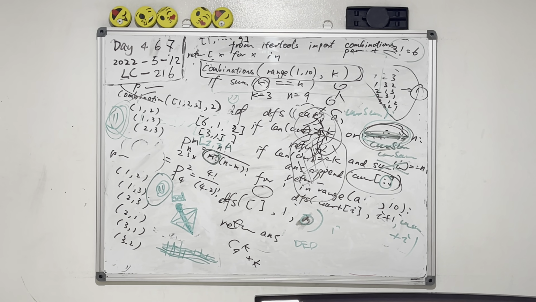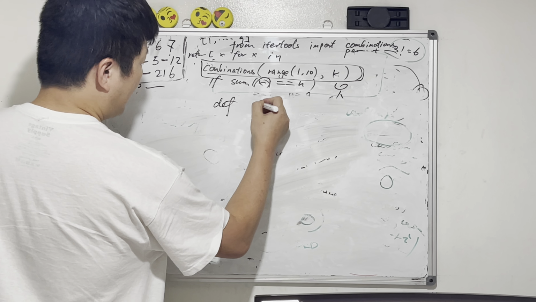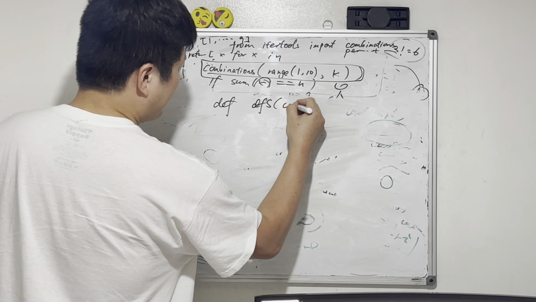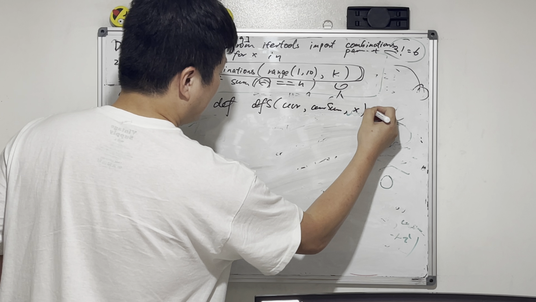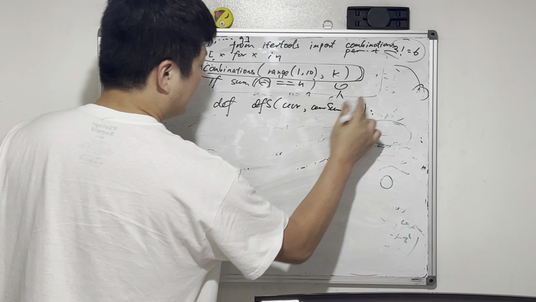So how do we backtrack? We keep adding numbers until we find a solution. So basically we define the depth search function, where we have the current list, the current sum, and the current number i.